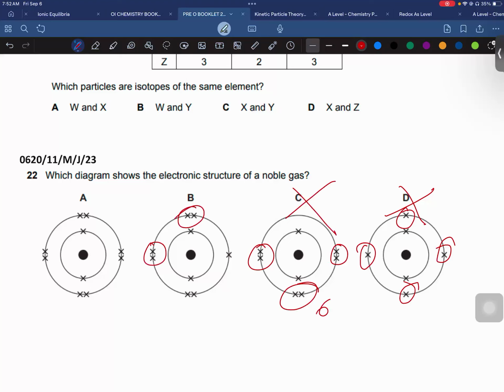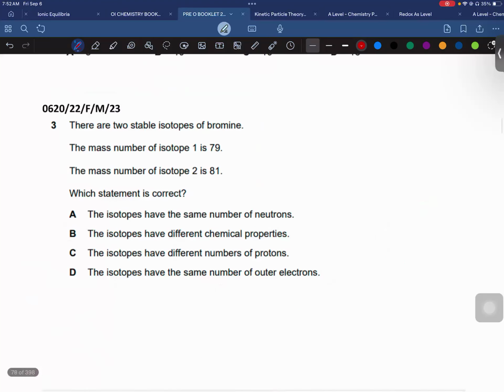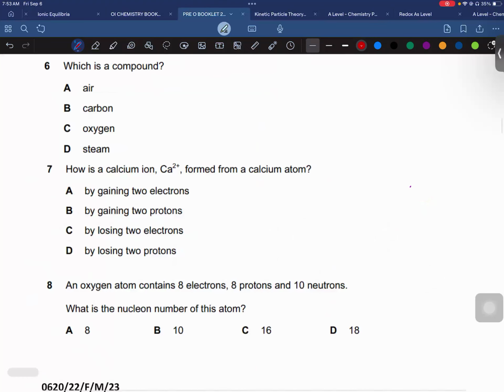It has 2 plus 2, 4 plus 2, 6 plus 1, 7. Incorrect. 2 plus 2, 4 plus 2, 6, plus 2, 8. This is correct. So it's A.